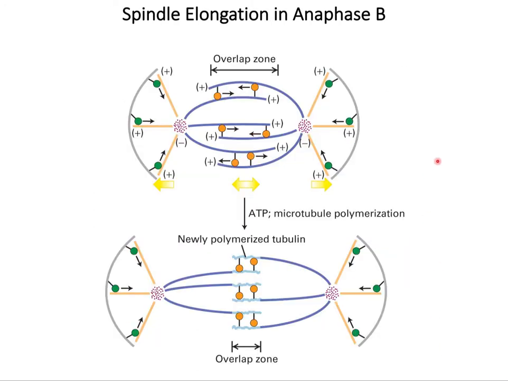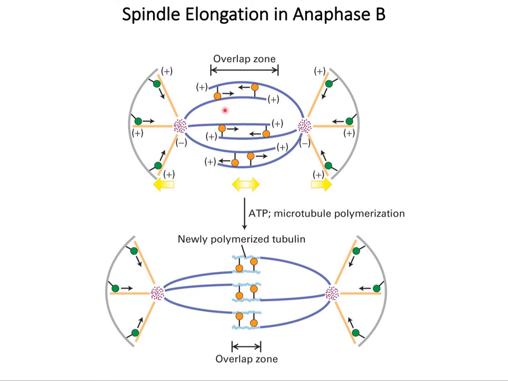Now, if we look more closely at how these polar microtubules and astral microtubules are contributing to this elongation event during anaphase, you will see that it's all carried out by the action of microtubule motor proteins, the kinesins and the dyneins. So here in this overlap region of the polar microtubules, you have some kinesin.